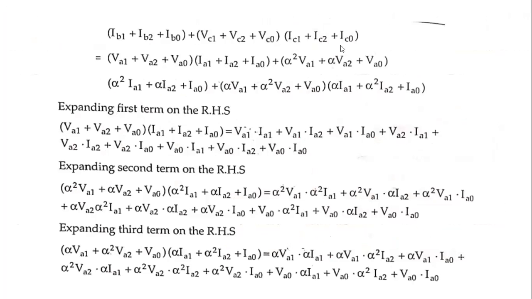We are substituting all this. In this case, we write VB1, IB1 in terms of the A components. VB1 is alpha square into VA1, and VB2 is alpha into VA2.